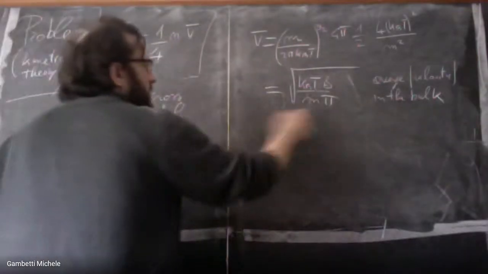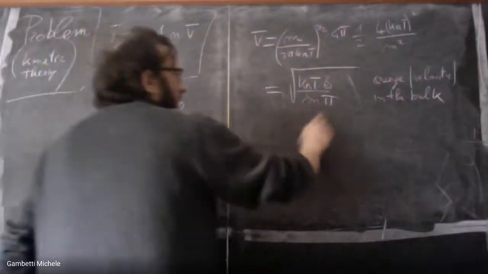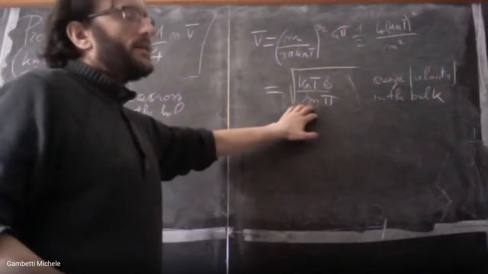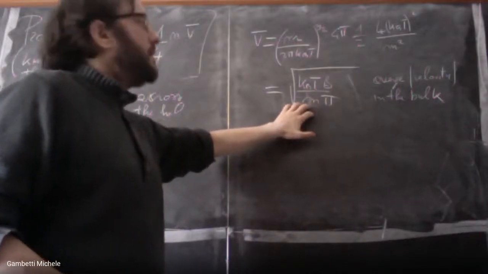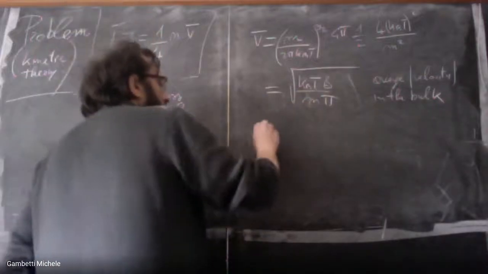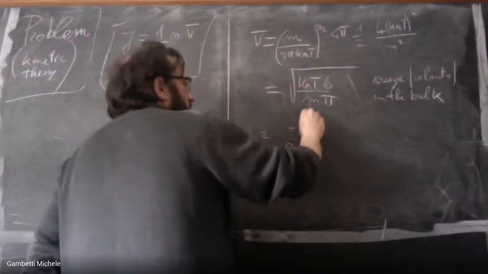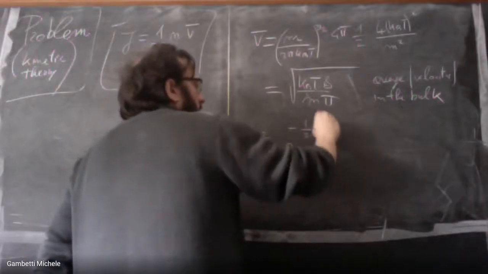So one thing about the Maxwell-Boltzmann is that now this is the average velocity, and this does not correspond to the velocity with the maximal probability, because you see that the distribution is not just an exponential.